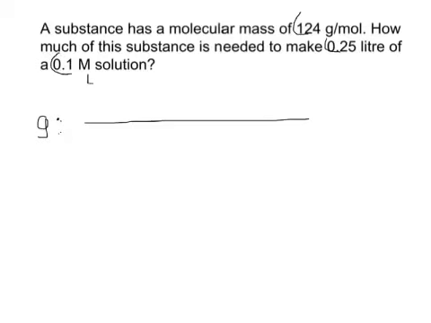We need to know that this unit, molar, actually means mole per liter. So in the next step, from these three givens, we choose one that contains the unit that we actually want, namely these grams here. We find that this is given in the 124 grams per mole.